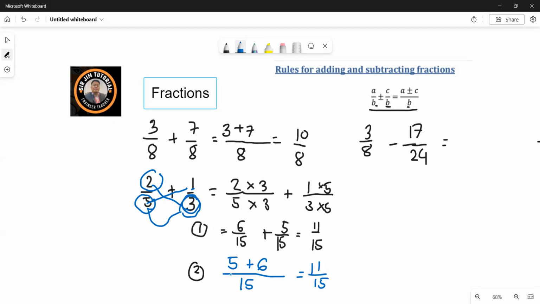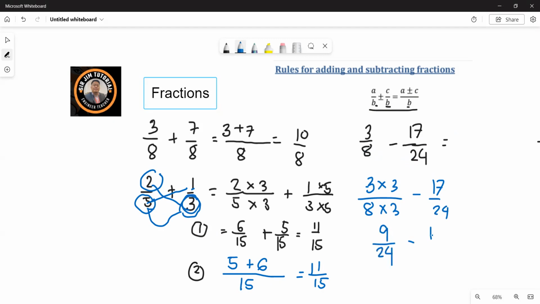Okay, so this is the second solution, and that was the first solution. How about this one? Get the equivalent value to make the denominators the same, 24. So you have here 3 times 3, and then here 8 times 3, minus 17 over 24. 3 times 3 is 9. 8 times 3 is 24.